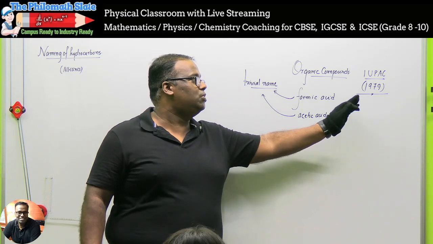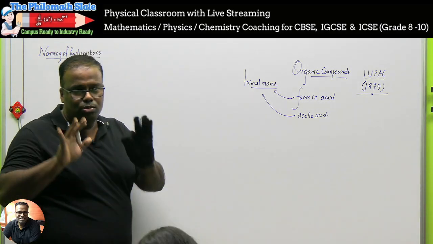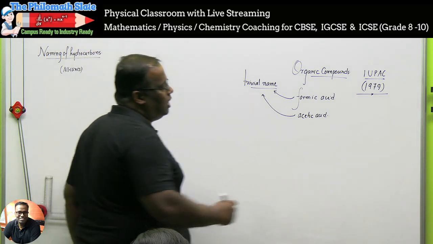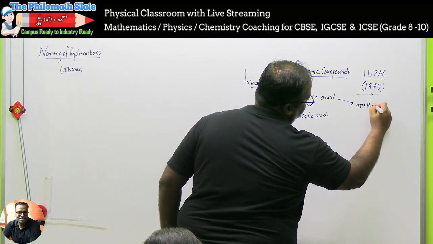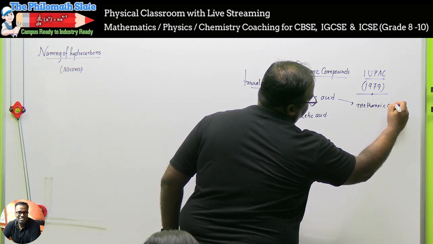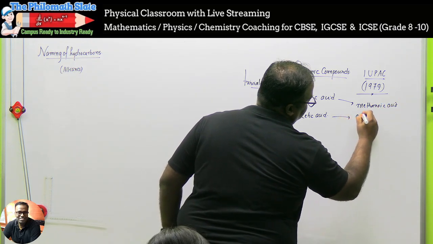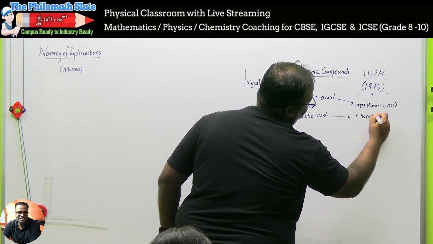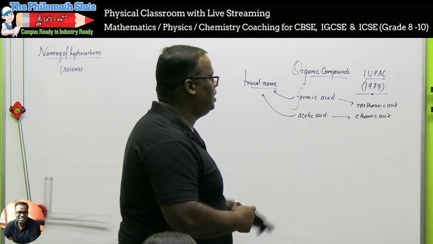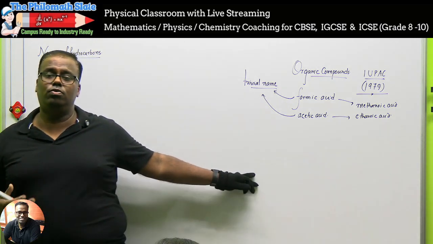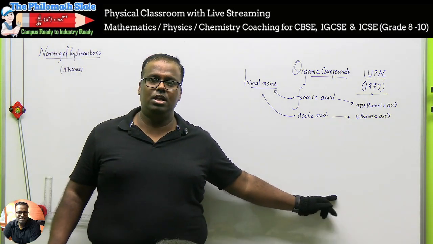So IUPAC says, look, you cannot name it the way you like. As per IUPAC, this particular acid is known as methanoic acid. This acid is known as ethanoic acid. Now this is what we are going to study. Since we are studying organic compounds, in this chapter we will see a lot of compounds with trivial names.